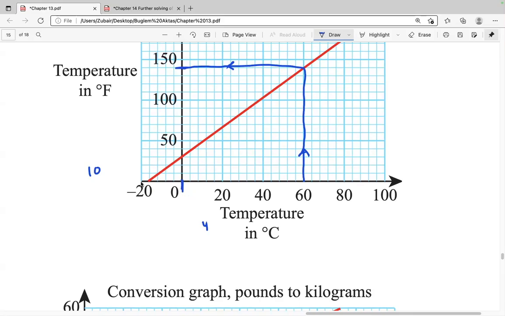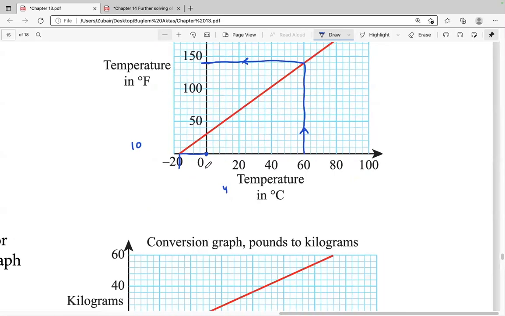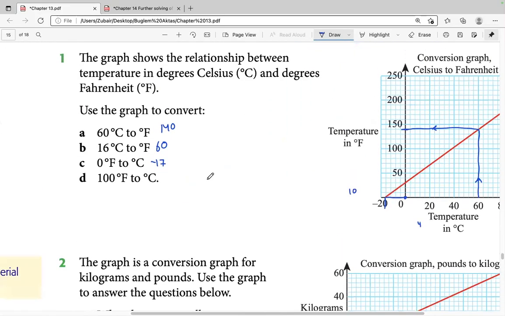No, we started with 0 Fahrenheit. Which one is 0? Is the blue one you drew 0? Yeah, on the y-axis. Okay. We're looking at 0 of the y-axis. So this point, and we move horizontally and it intersects right here, which is a little to the left of the fourth box. So each small box represents 4 units, that would be 16, and a little more than that is minus 17.